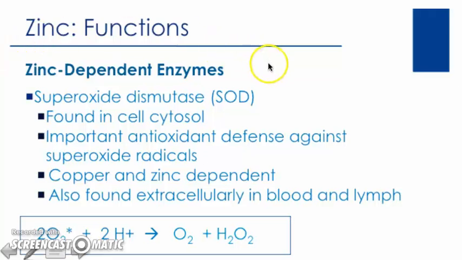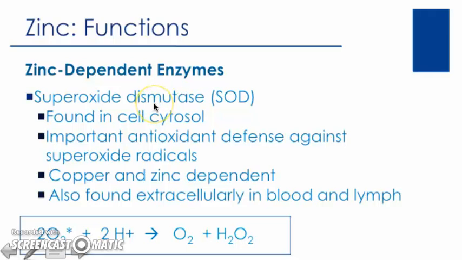So we'll see the primary function of zinc, or a key function of zinc, is its involvement in this enzyme called superoxide dismutase. So with the superoxide dismutase, it's actually copper and zinc dependent. So the superoxide dismutase is called zinc copper superoxide dismutase. When we review manganese, we'll see that there is also a manganese superoxide dismutase.